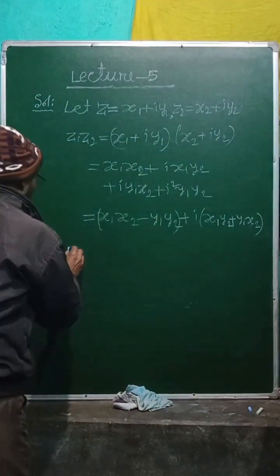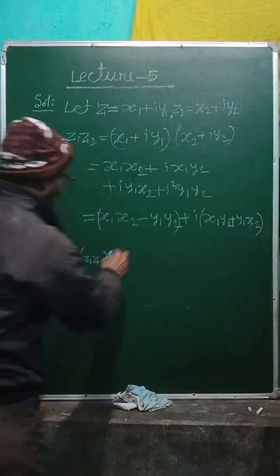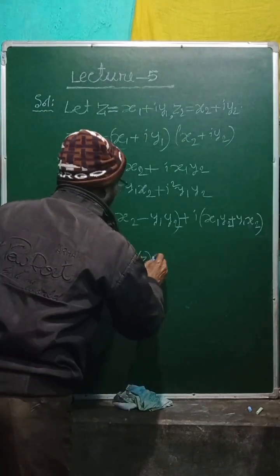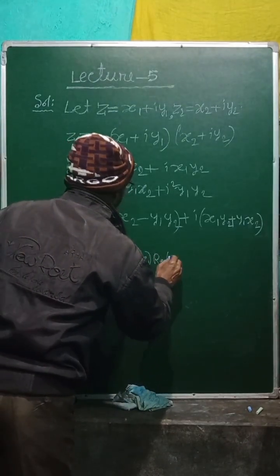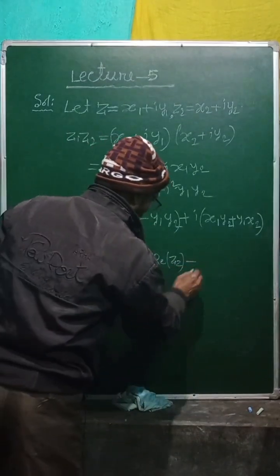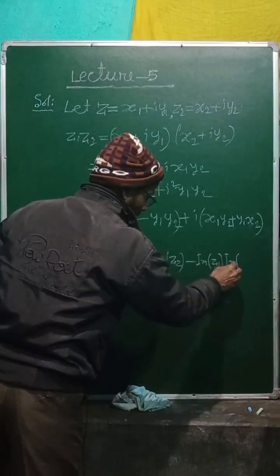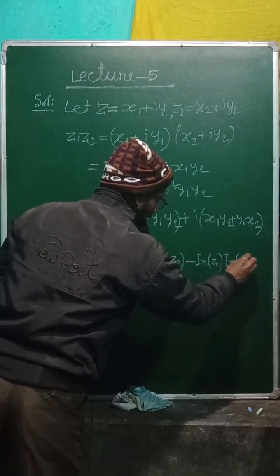So therefore real part of z1 into z2 is found to be equal to real part of z1 into real part of z2, and then minus y1 is the imaginary part of z1 and y2 is imaginary part of z2.